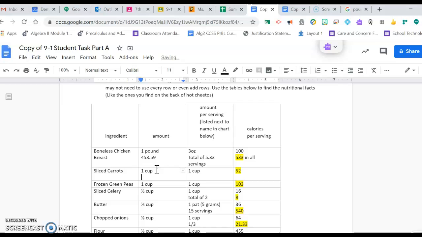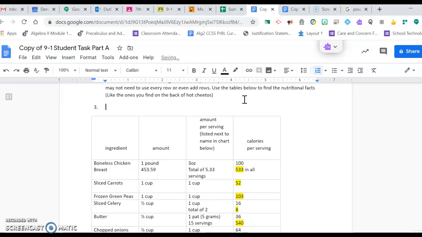Alright, now I'm going to do my sliced carrots. My sliced carrots are in cups. Okay, and I know that 1 cup equals 8 ounces. I'm going to write this right up here so you can see that. 1 cup equals 8 ounces.